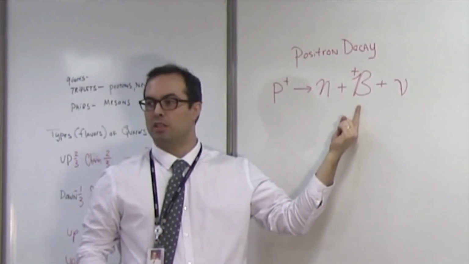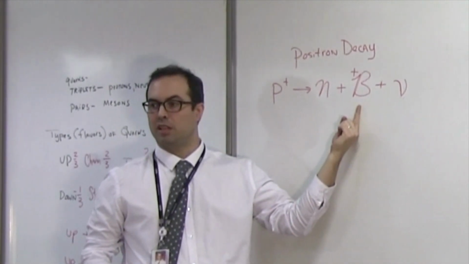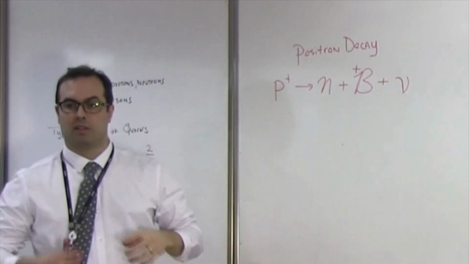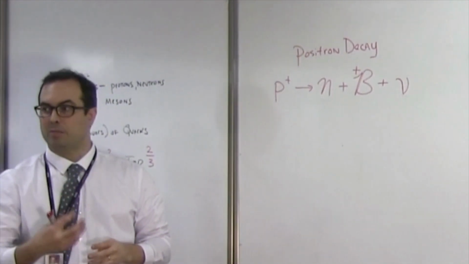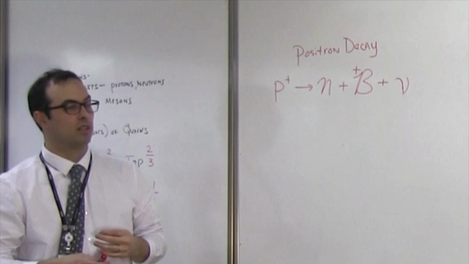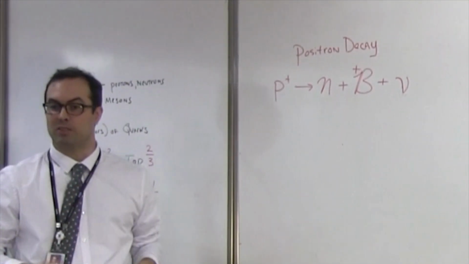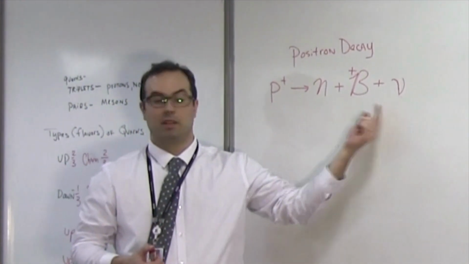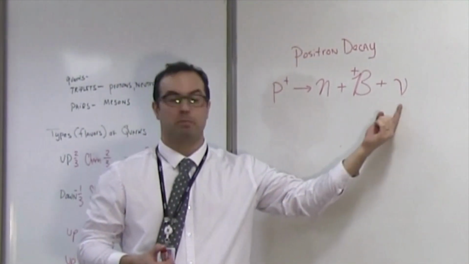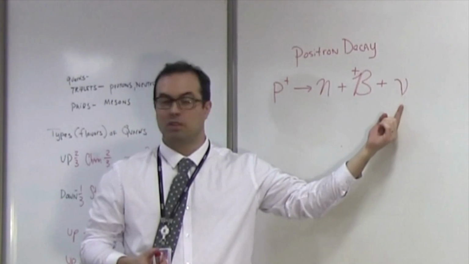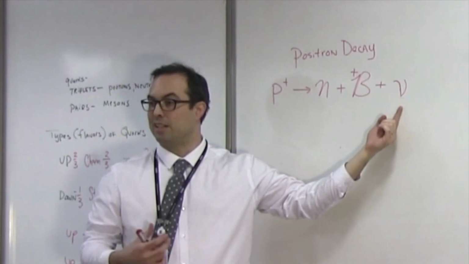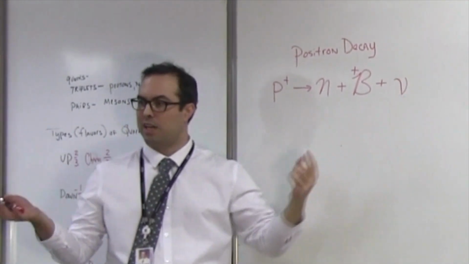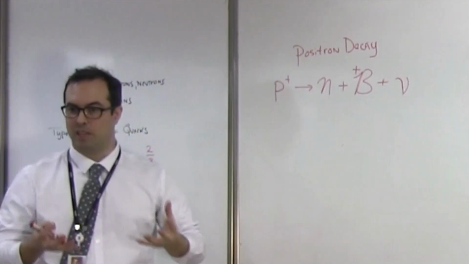So in this case, this is an electron that is not negative, it's an electron that's positive. So it's called a positron. So it actually comes off as a positive electron, which is the electron's antiparticle, called a positron. The electron's antiparticle then, because it's an antiparticle, has a paired lepton with it, which is not an antiparticle. It's a neutrino. So we always have a non-antiparticle with an antiparticle together.